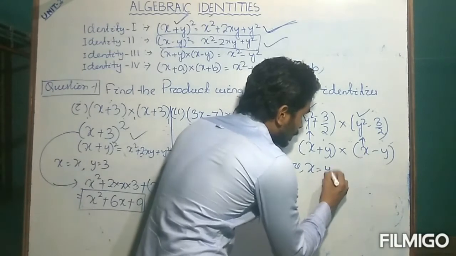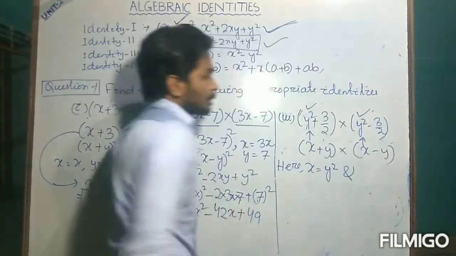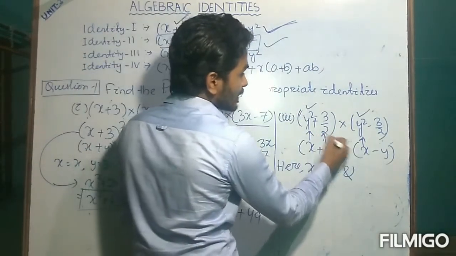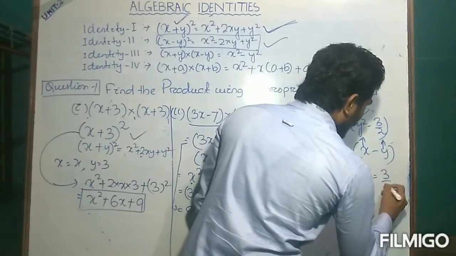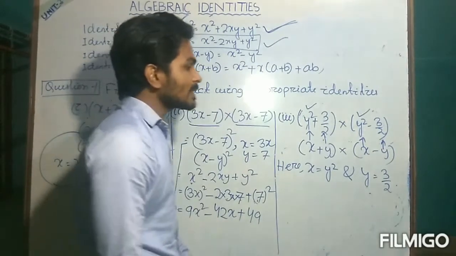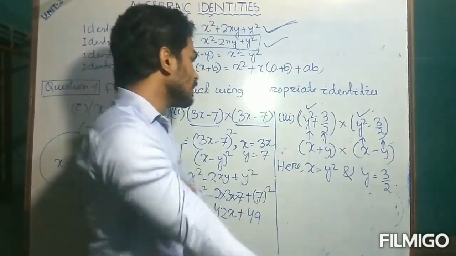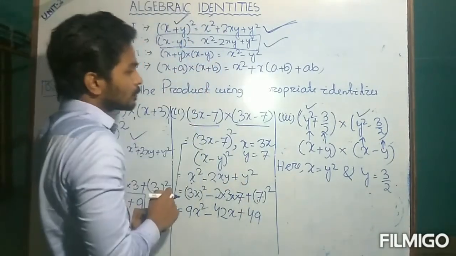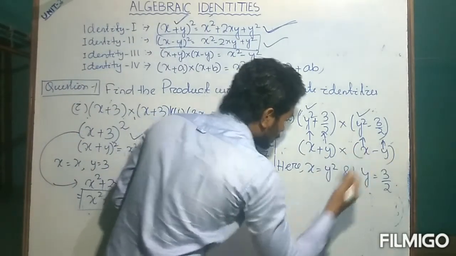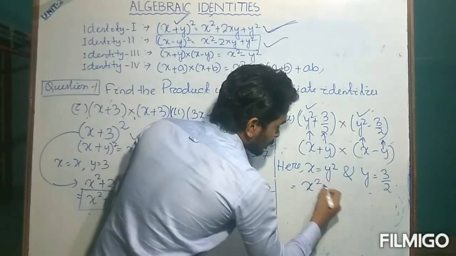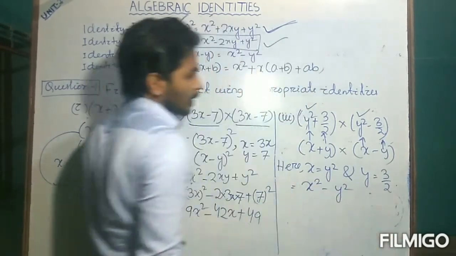So you can write x is equal to y square and see y is how much? y is 3 by 2. Okay. Now we get the value of x and value of y. Now we have to put in the formula of (x plus y) into (x minus y). And you know the formula of (x plus y) into (x minus y) is x square minus y square.